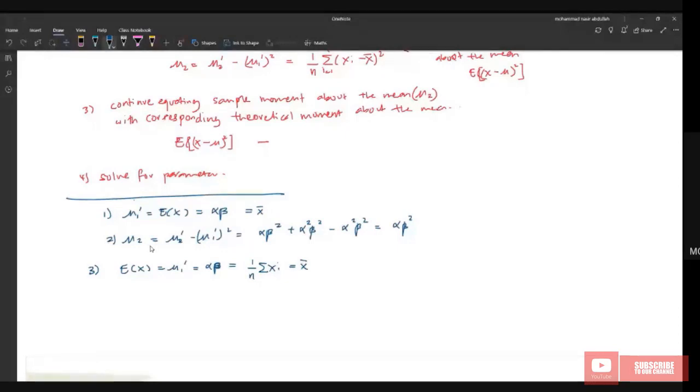And the fourth step is we equate the second moment about the mean with the corresponding sample moment. So the variance of x is equal to mu2, which is alpha beta squared, and the sample variance is 1 over n summation of xi minus x bar squared, right?